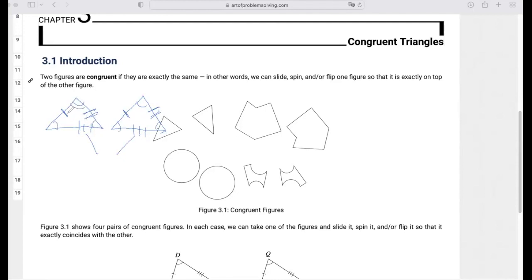So this angle equals this one here, this angle equals this, this equals this. So it's just the same angles. So they are called congruent triangles, okay?